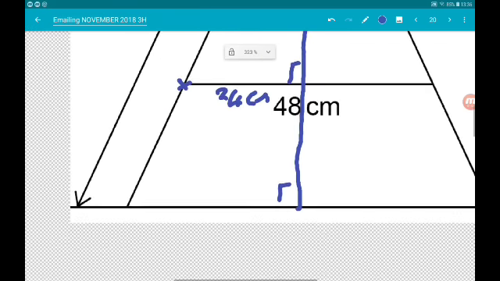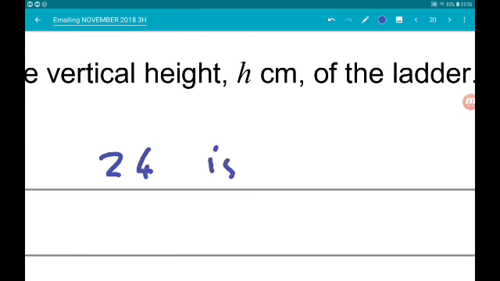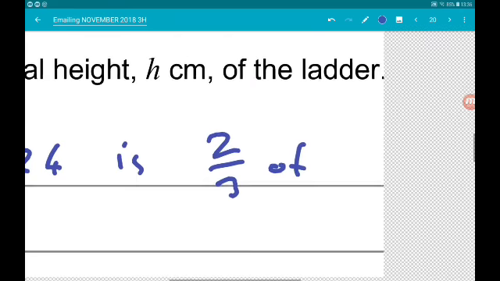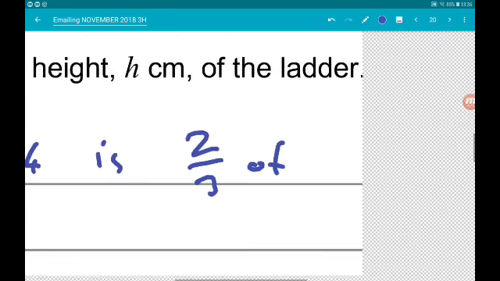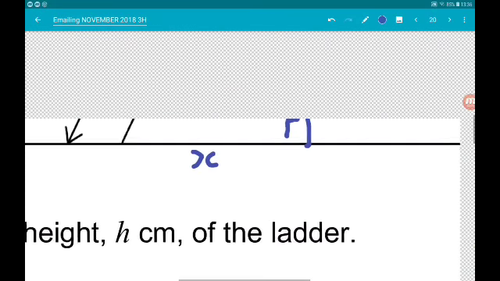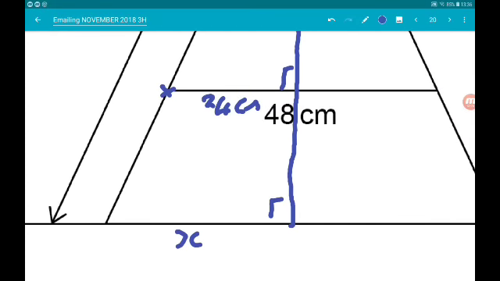So let's call this x. Then we know that 24 is 2/3 of x. Now again, that's because the strut is 1/3 of the way up, so the scale factor between the small triangle and the big triangle is 2/3.